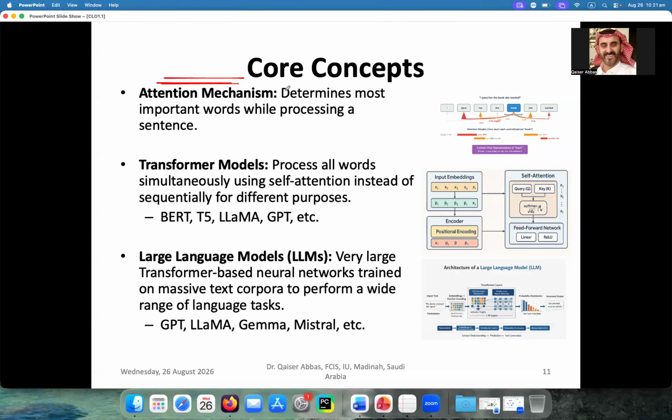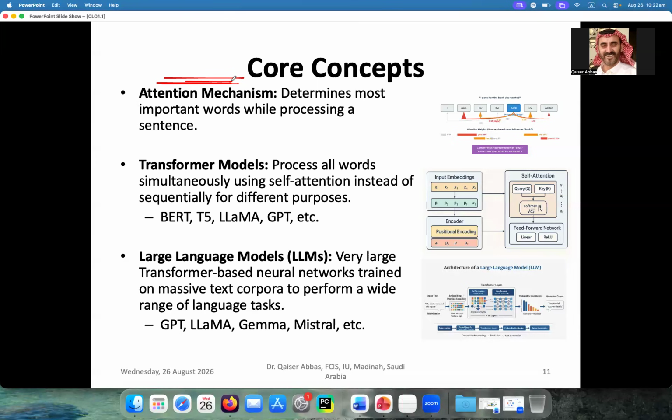In general words, they will identify what the important words are. Mathematically, they will identify those words which have high probability.